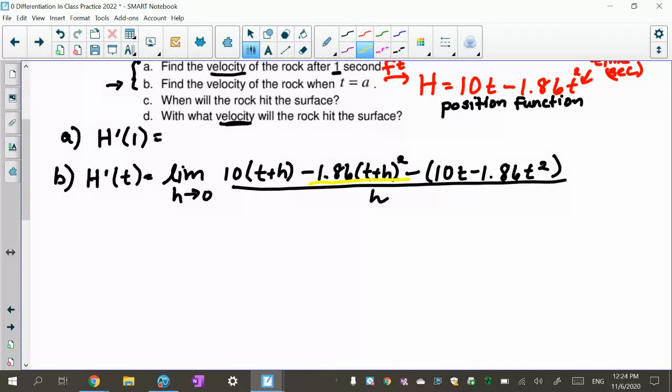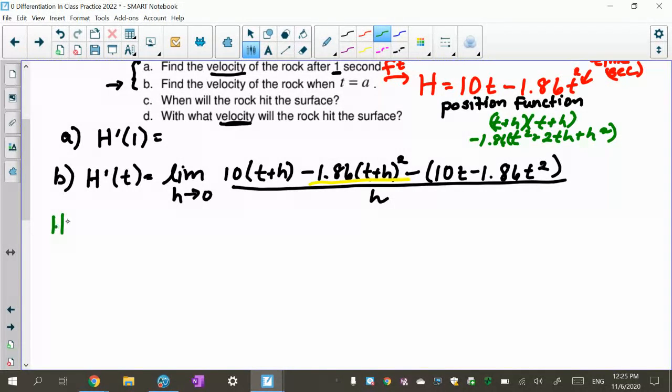I actually did that, so I'm going to put it up here a little bit. So if you do t plus h squared, t plus h times t plus h, and you should be getting used to this, it's going to be t squared plus 2th plus h squared. Now I just have to multiply them all by negative 1.86. All right, so I multiply all that, and that's what's going to go right here in that spot.